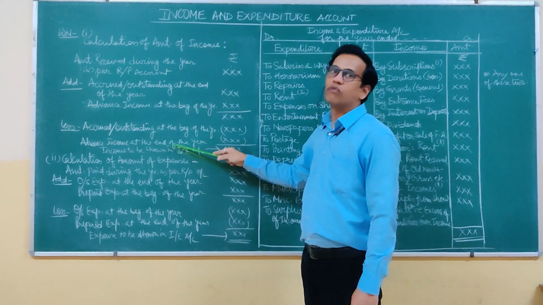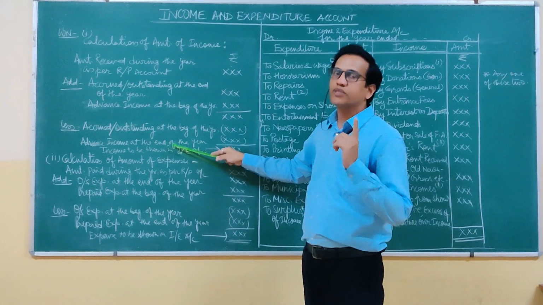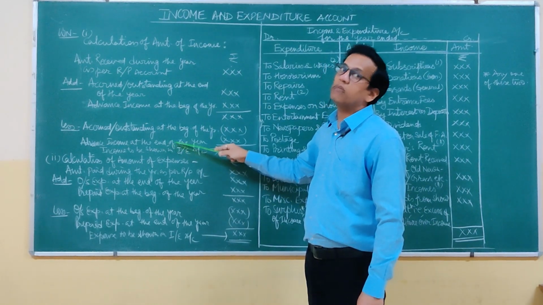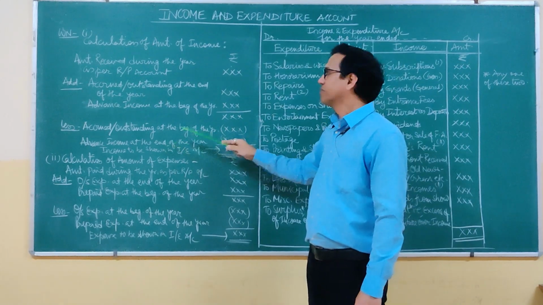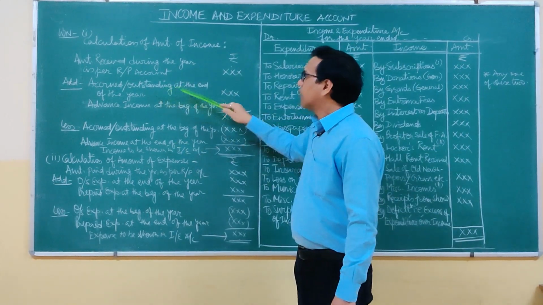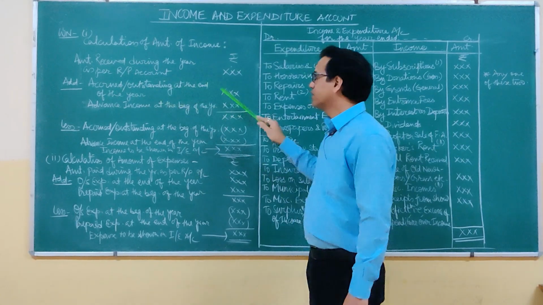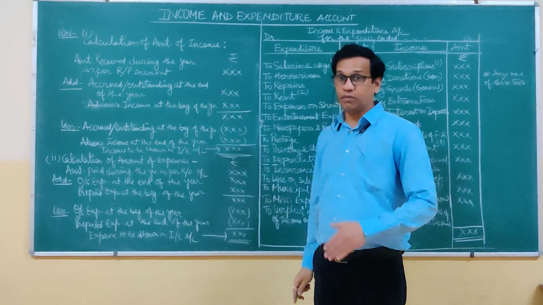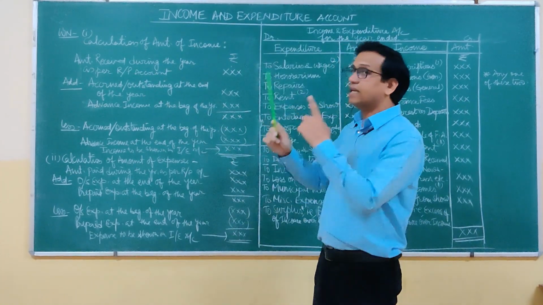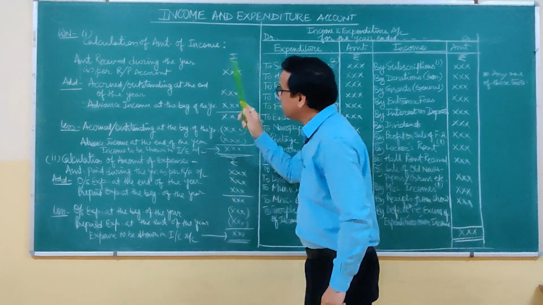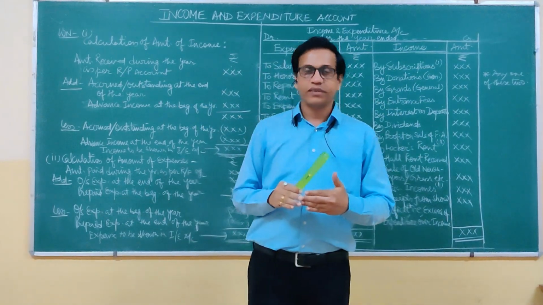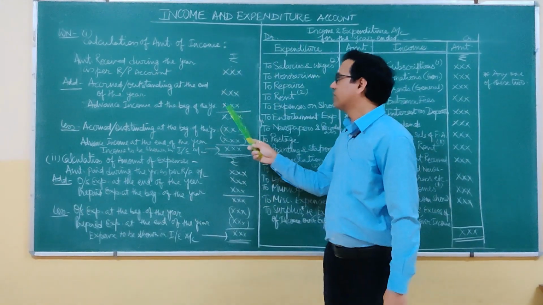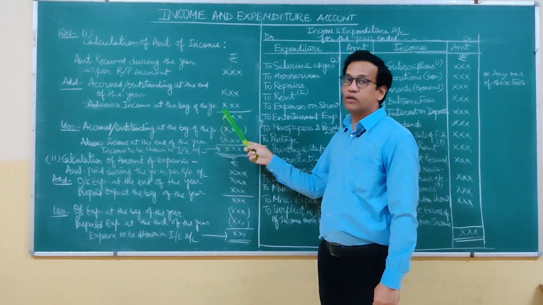These three we will get from the additional information. This one will be either given separately in the receipts and payments account in the name of the next year, or it may also be given in the adjustments. Accrued or outstanding income at the end of the year, the amount of that will be added, and the amount of advance income received, that means income of the current year which was received in last year, that amount we will add here, because this amount will not be received again.